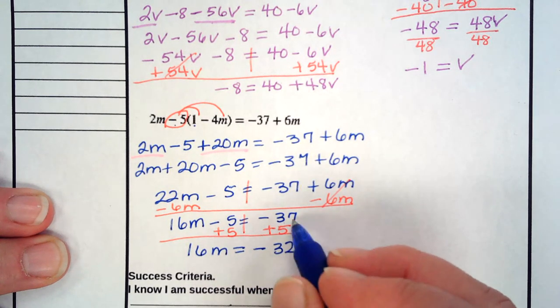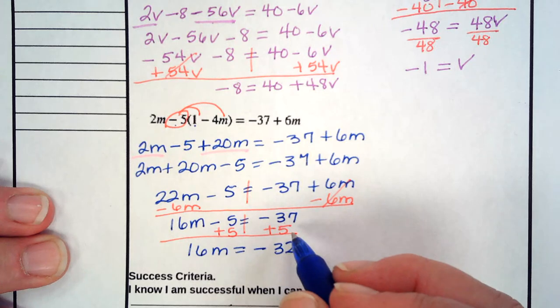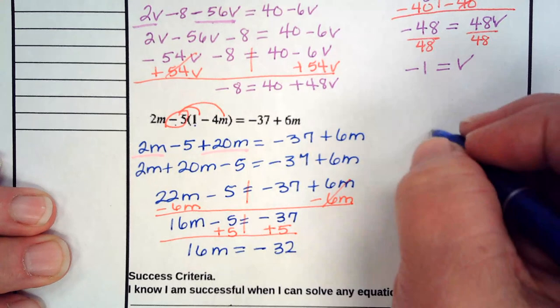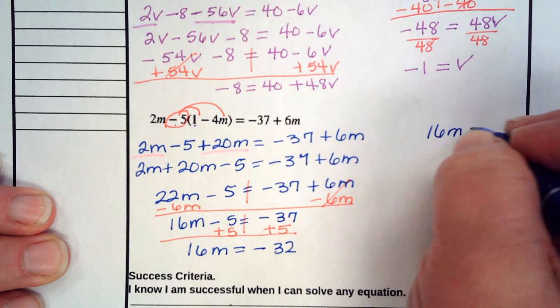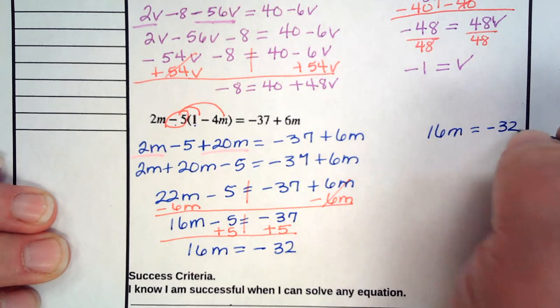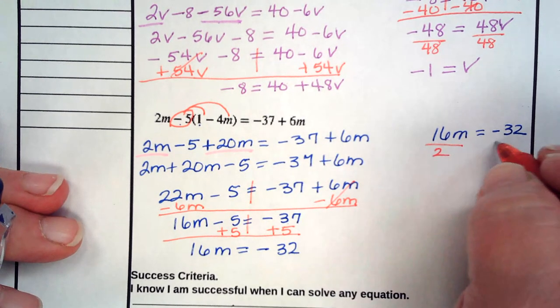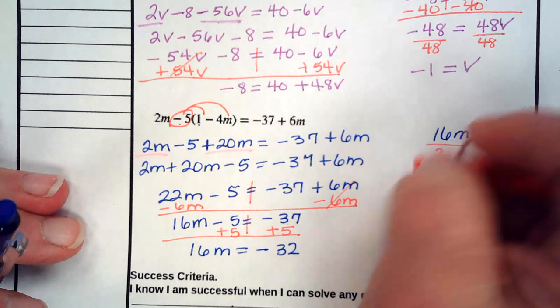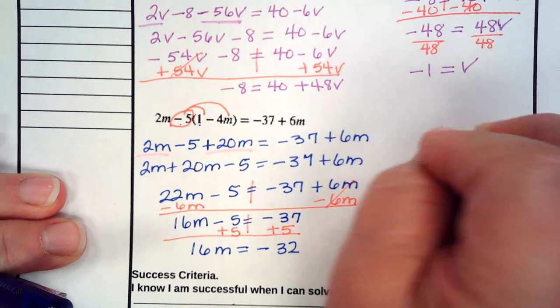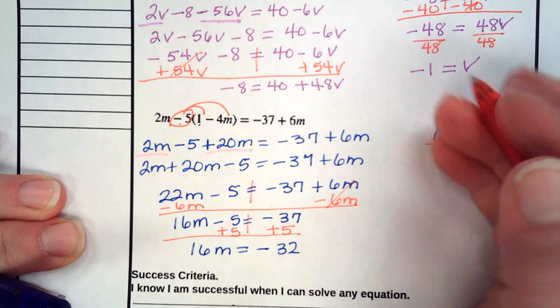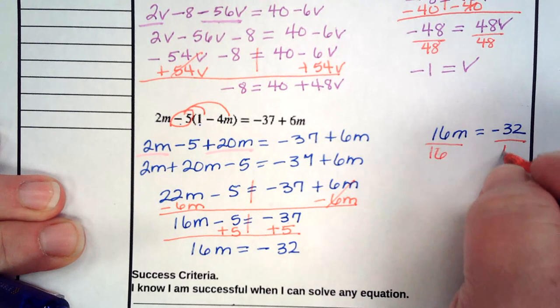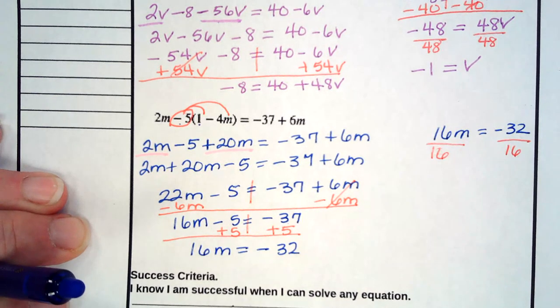They're opposite signs, so we find their difference and keep the symbol of the larger one. Last step, divide by 16. I gave you the answer there. My brain jumped ahead. Divide both sides by 16, and m is equal to negative 2.